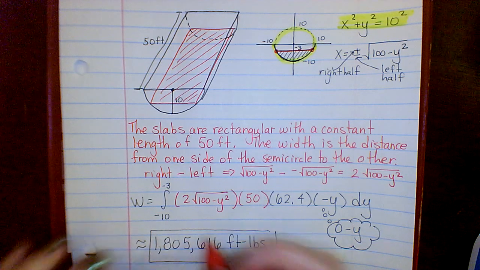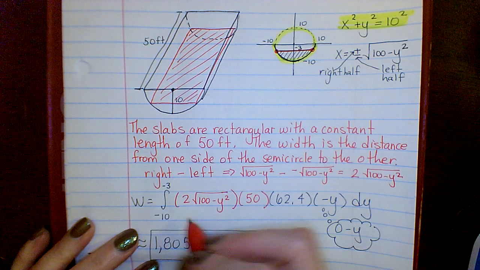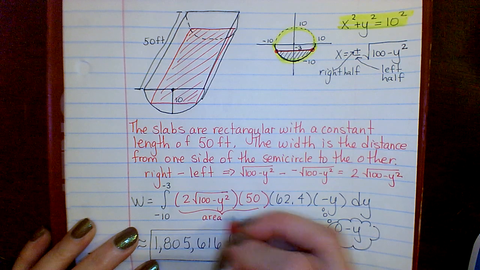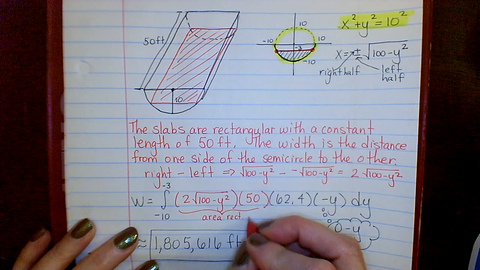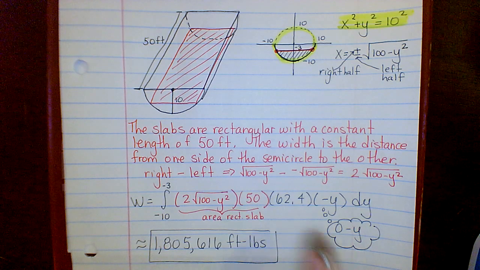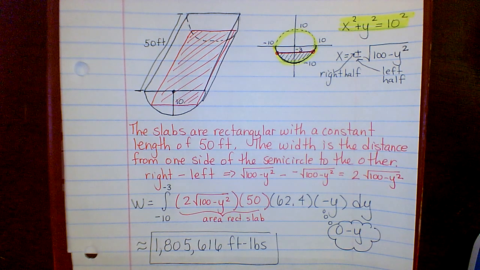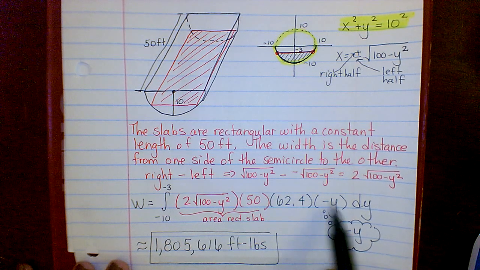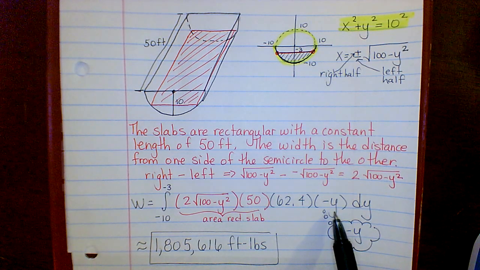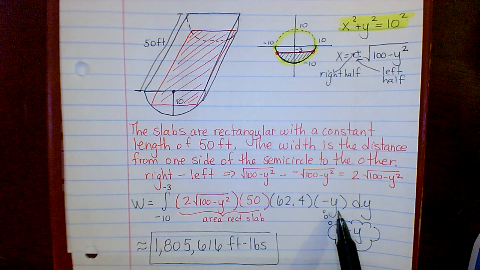So this is the area of that rectangle. So there's my area, my rectangular slab, my weight density of water, and then I've got the distance that it has to travel. All right, those distances, man, they're not always the same. And I'm trying to do examples of a bunch of different ones so that you'll have an example of one of everything, so that when you run into it, you'll kind of know what to do.